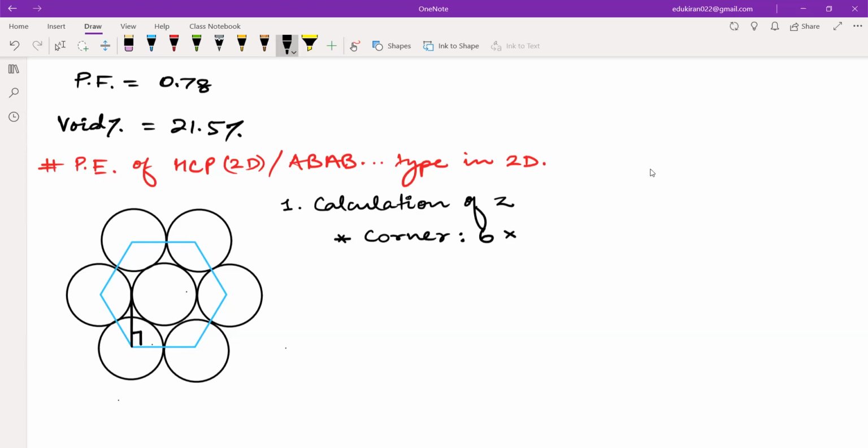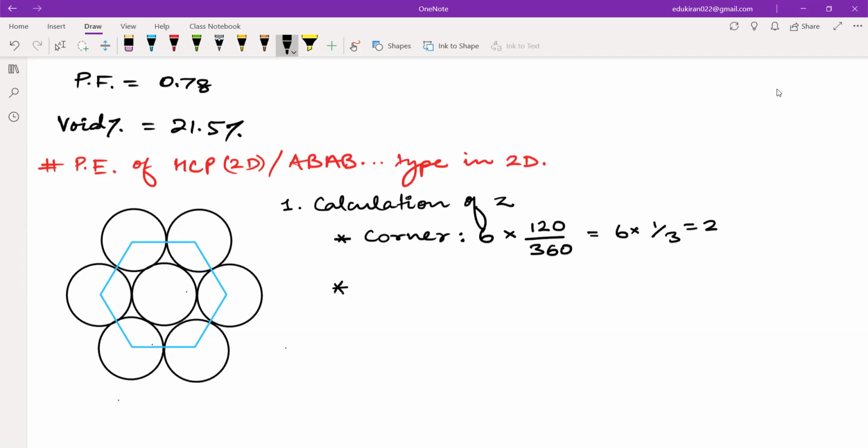This is greater than 90, no? How do you say 60? What will be the angle? 120 out of 360, correct? This whole angle will be 360, out of that 120 is present inside the unit cell. So this will be equal to 6 into 1 by 3, which will give me 2.